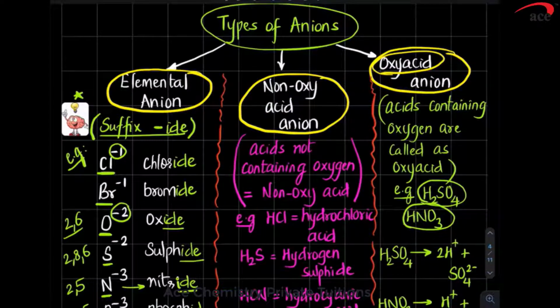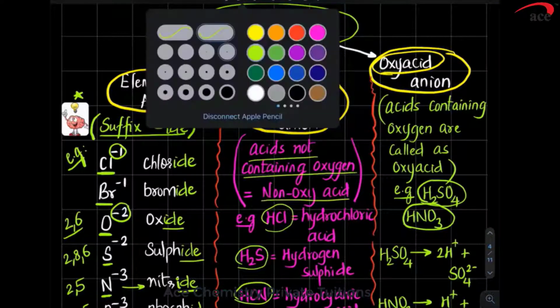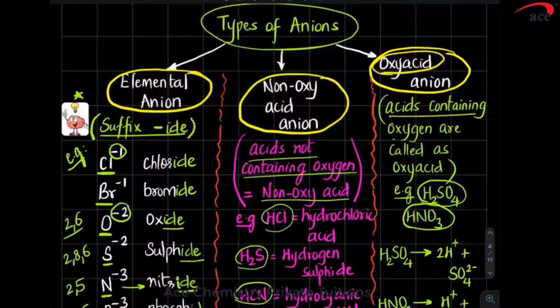Non-oxy acids are like this, which don't contain oxygen: hydrochloric acid, hydrogen sulfide, hydrogen cyanide or hydrocyanic acid. Acids not containing oxygen are called non-oxy acids, and acids containing oxygen are called oxy acids.